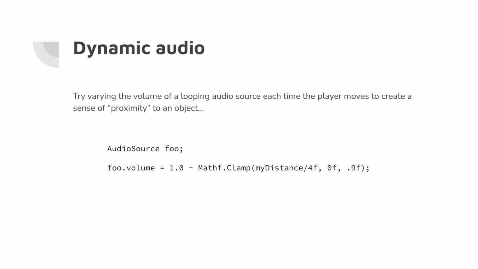1, right? It's actually going to wind up being clamped to 0.9, so we're not going to make it full volume. So if I pass this 1 and I give it, clamp these two values, what is the result if this is 4, what's the result coming back from math.clamp?